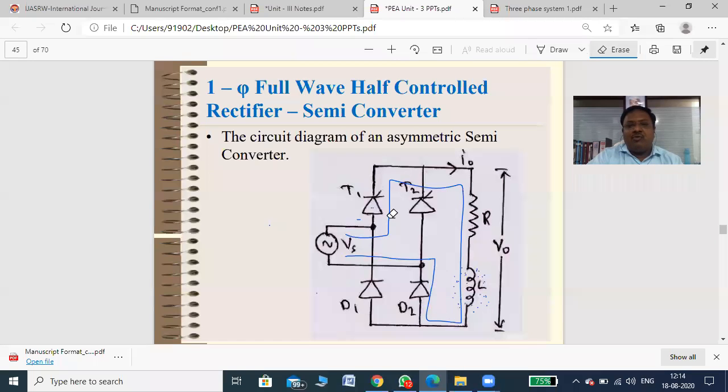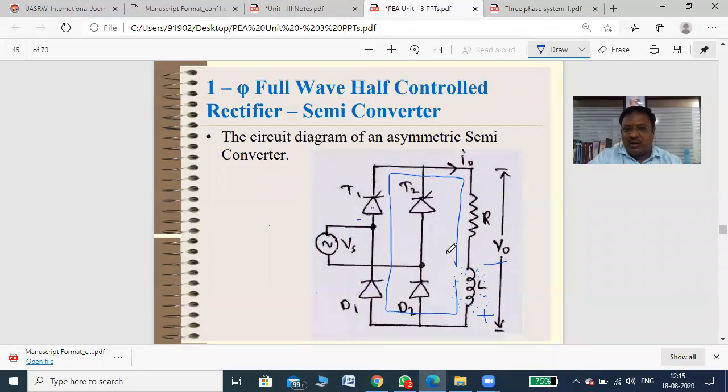And from pi to pi plus alpha, what happens? The inductor starts to release the energy through L, D1. At that time D1 acts as a freewheeling diode, T1 back to the R and L, right? So the current is continuous, definitely decreasing because the inductor releases the energy.